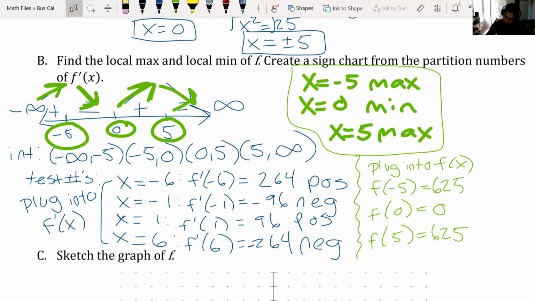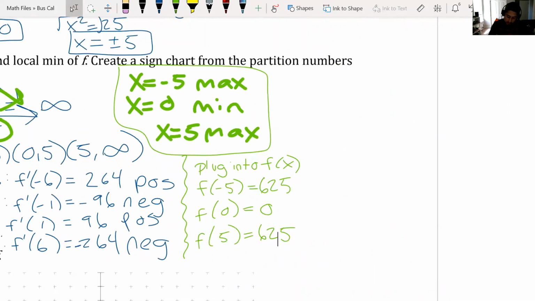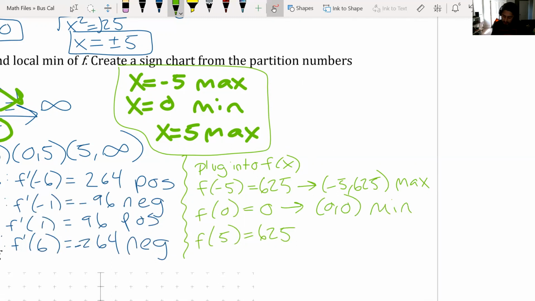Then what this means is that at -5, 625, we have a max. 0, 0, we have a min. 5, 625, max. There we go.